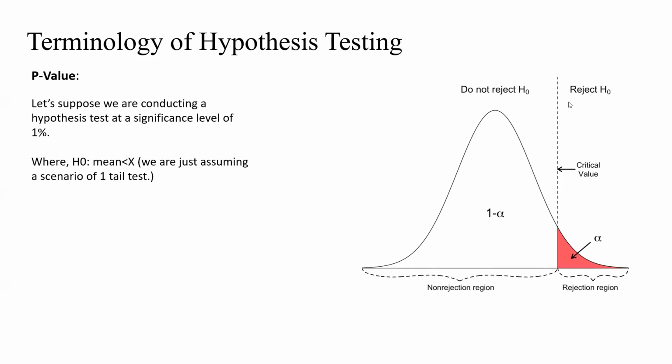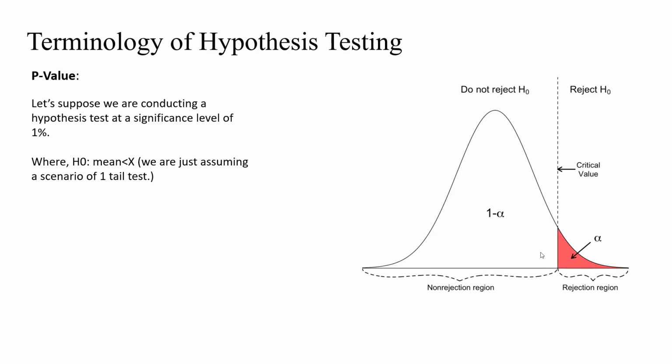That is the rejection region. So consider this line as my critical value. Now for my sample, I will calculate my statistic and see if it falls beyond this critical value or less than it. If it falls below the critical value, obviously we do not reject the null hypothesis, and we accept the alternate hypothesis.